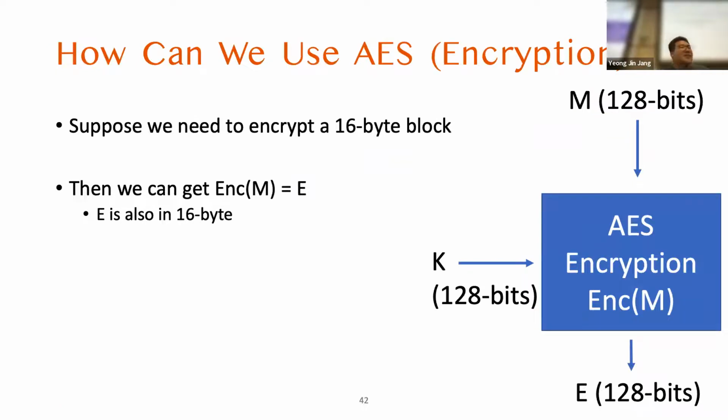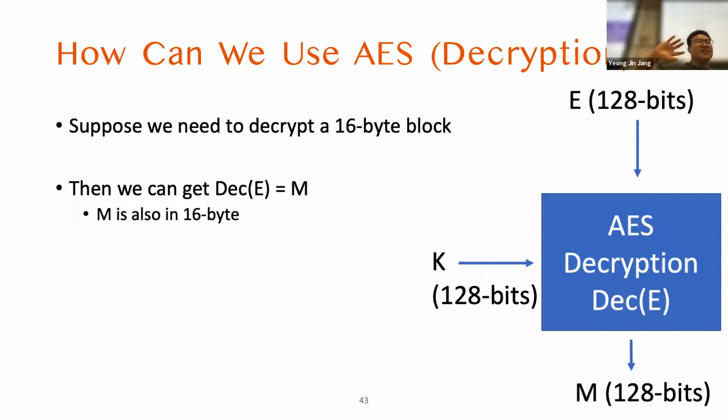And then, how can we use AES encryption? Suppose we need to encrypt a 16-byte block. Conceptually, we are wrapping the encryption function over the message. For a specific key, we provide a message and run encryption, and we get 16 bytes of encrypted data. Decryption is running the algorithm backward to get an inverse mapping.